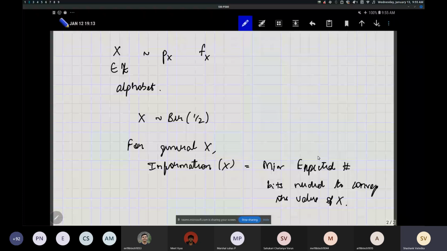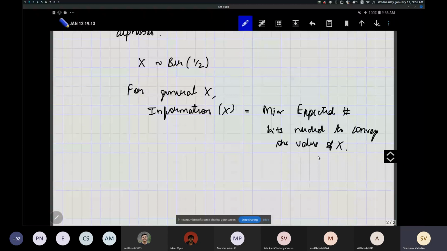So I define the information content of a random variable, or the information content of a source, as the amount of information that is contained in it, which is the minimum average number of bits which are needed to convey the value of X. Okay, so think of it as, say, Morse code. Let us suppose that the alphabet is, say, 0, 1, 2.